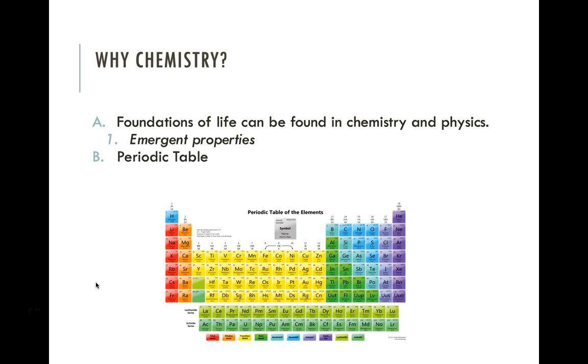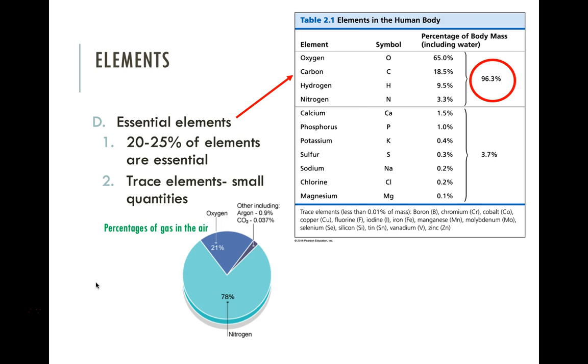We don't focus too much on the periodic table, and the main reason is that we're really worried about four molecules in particular. In biology, we are worried about oxygen, carbon, hydrogen, nitrogen. And that's because those four elements make up 96% of the body mass of any living organism.